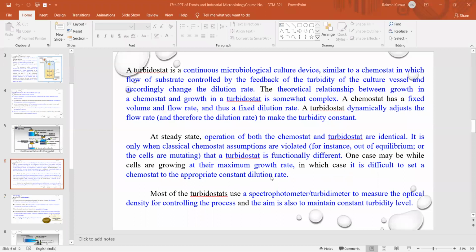Now the next one is the turbidostat method. What is happening in that? What kind of special instrument you have to use in this particular method is very important to know. And here is one very important thing I want to tell you: you have to supply some specific type of light to the sample just to see the turbidity level.